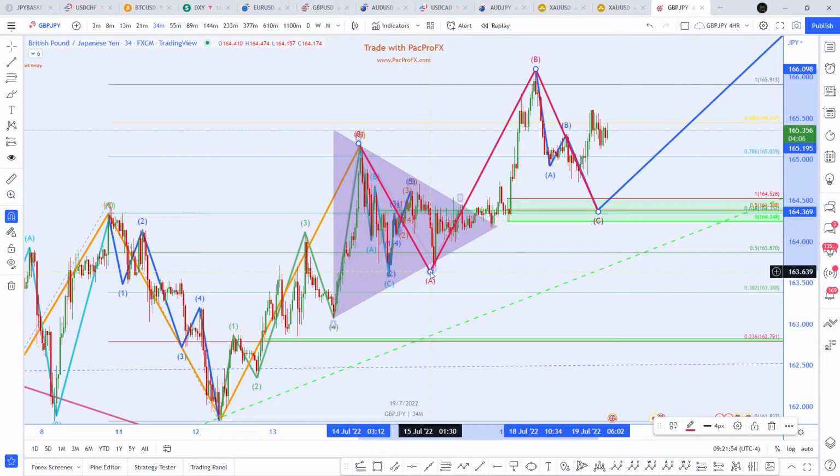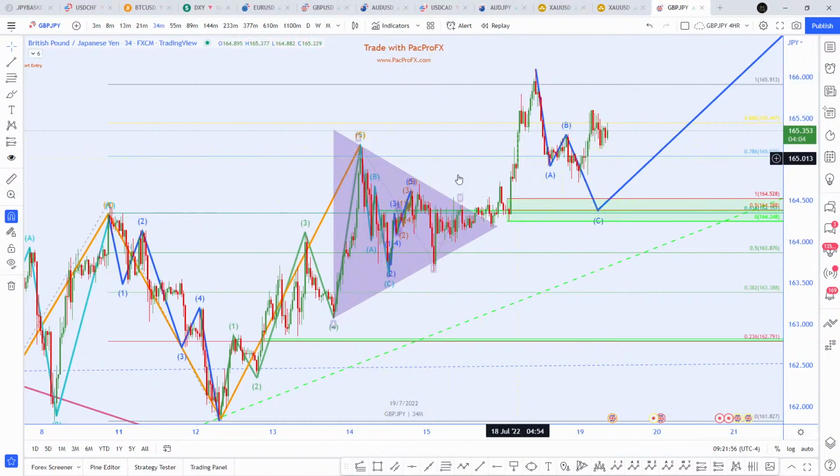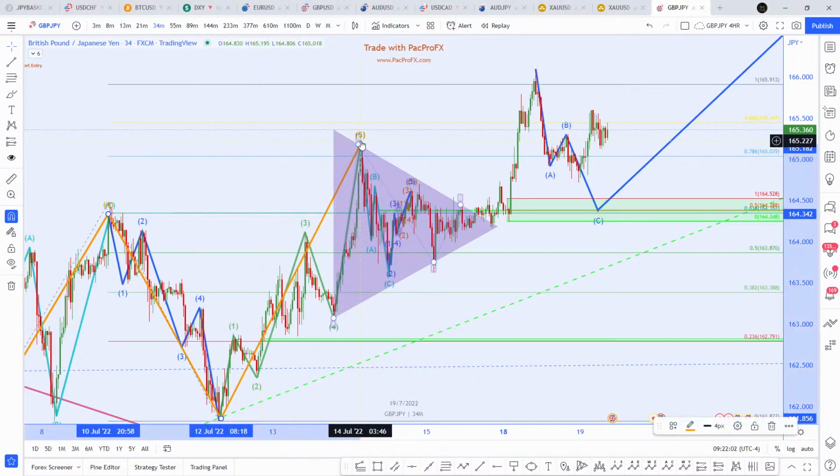All right, so we have this zigzag that started back here, and this is just an extension of it.